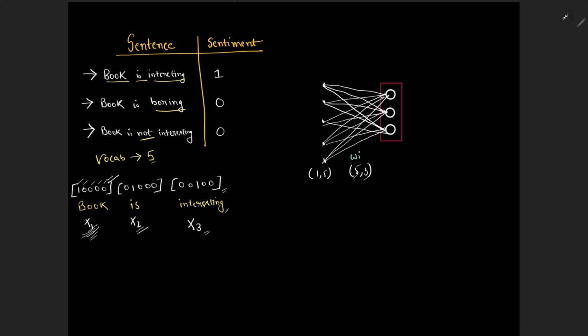And then when the input goes through these neurons, there will be one more weighted connection for output. That is, each of these neurons will be connected to the output like this. So this is the output connection WO, and its dimension is 3, 1.